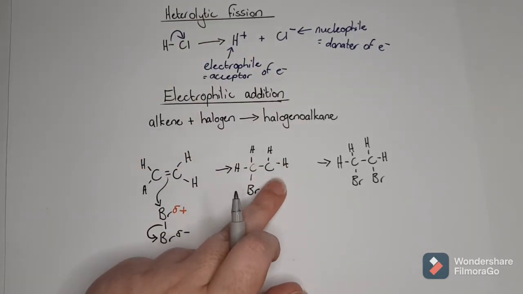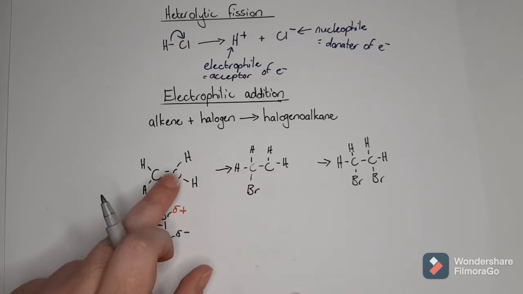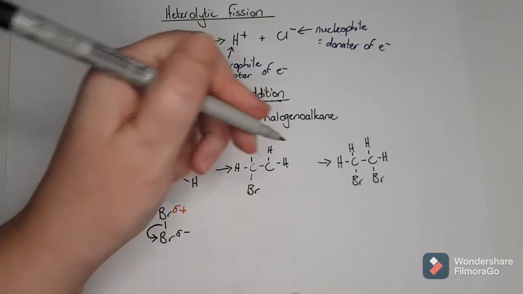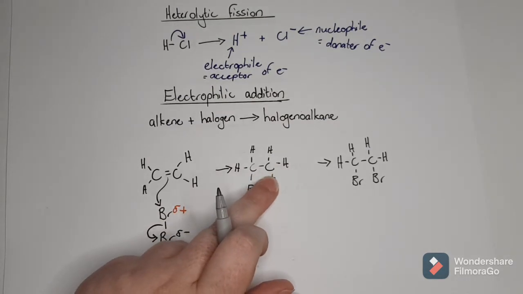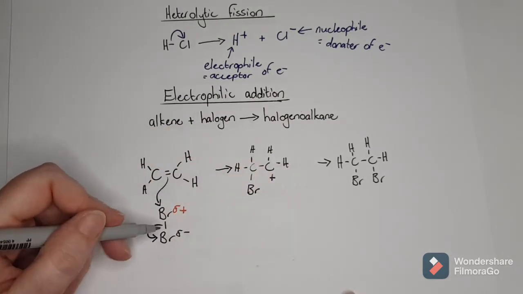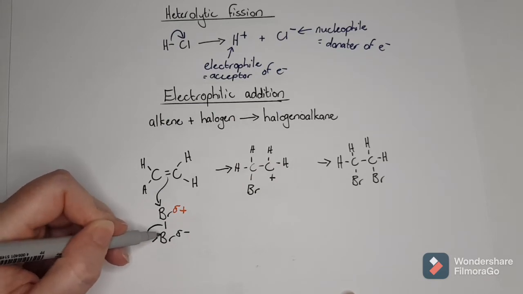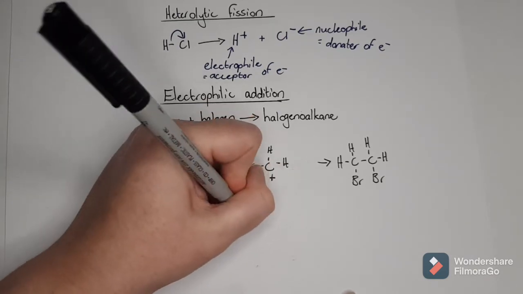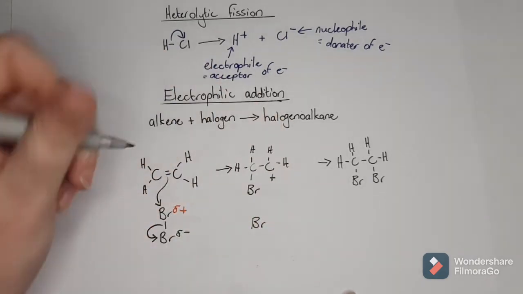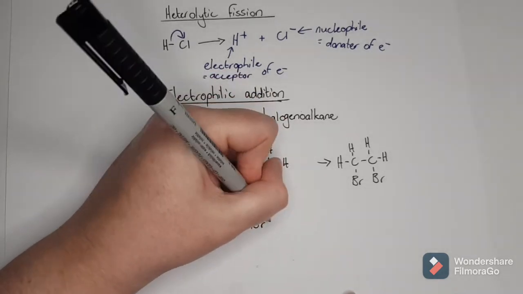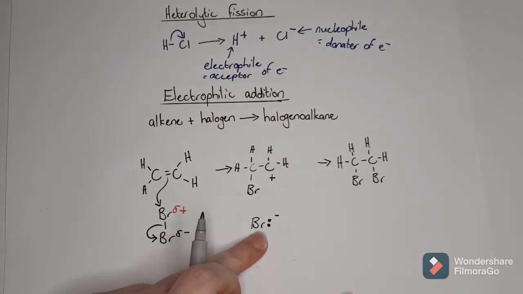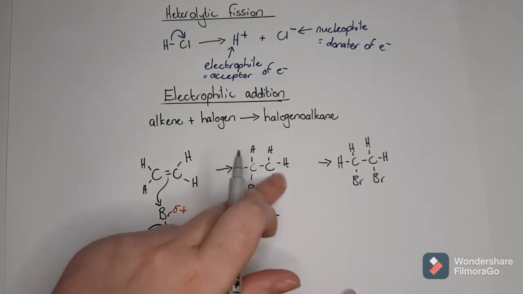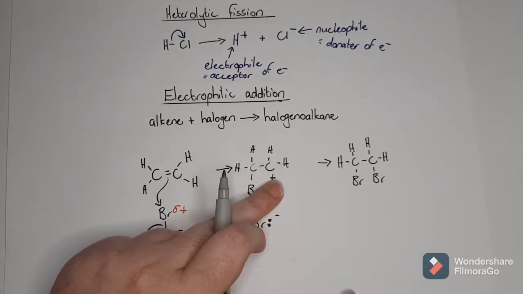But now we're missing one extra bond because we broke this one and we took the bromine. But now this becomes a positive ion because it is missing a bond. So now this bromine over here that took both electrons is still sitting free, but it took both the electrons, so it has a negative charge, and it has the electrons to now give to this positive carbon.